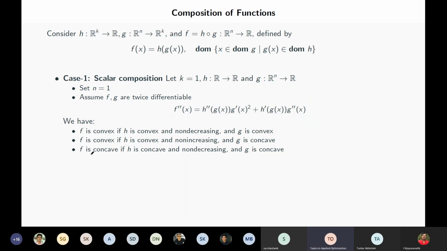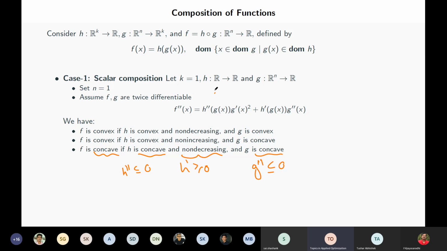And similarly, the other case, f is concave. Now this is for the concave case. So now we are asking when f double prime x is less than 0, right? In the concave case, h is concave, so h double prime is less than or equal to 0, non-decreasing, so h prime is greater than or equal to 0. g is concave, so g double prime is less than or equal to 0.